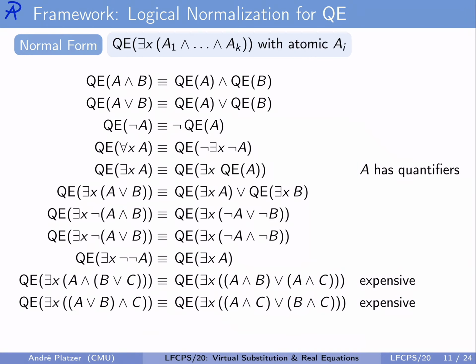The point is that after these transformations, we can always, although at a bit of a cost, look at a normal form where we say if only we succeed in performing quantifier elimination for existential quantifiers in front of pure conjunctions of atomic formulas, then we're done because the rest of the transformations can handle the other logical operators.